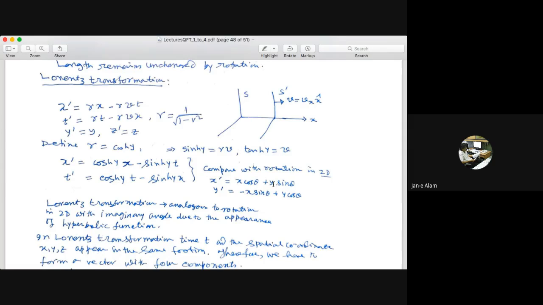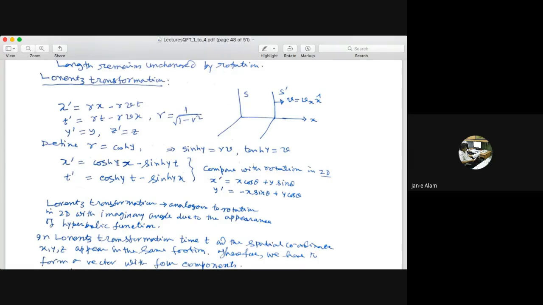Now compare this with 2-dimensional rotation, where you all know that x prime is x cos theta plus y sin theta, and y prime is minus x sin theta plus y cos theta. Now this 2-dimensional rotation in the xy plane is very similar to this Lorentz transformation, but it is in x and t, and the rotation angle here is imaginary, because what is appearing here are hyperbolic functions.